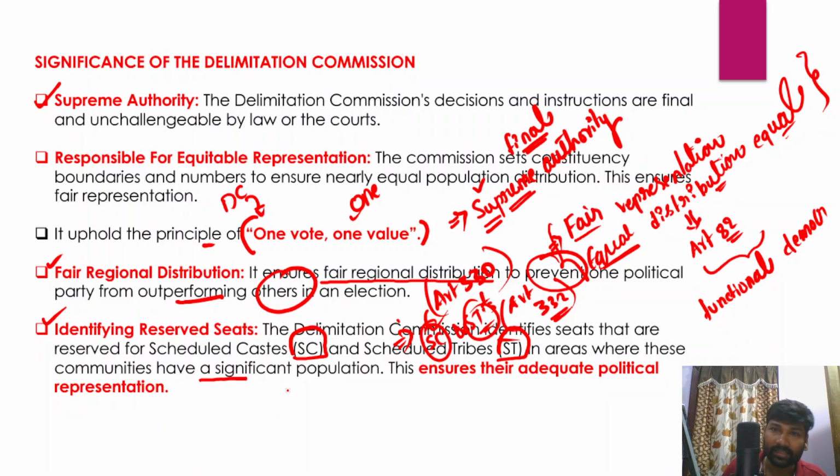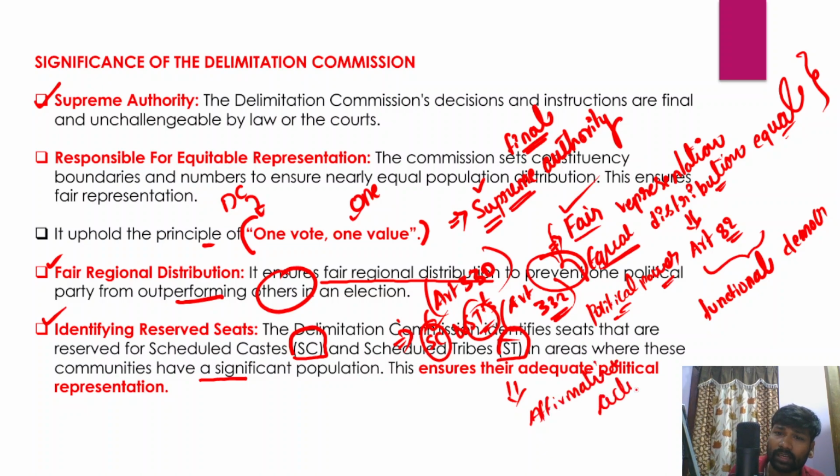So again, this ensures fair political representation, and also the political power is adequately given to the backward classes, scheduled castes and the scheduled tribes as well. And this is part of the affirmative action, right?